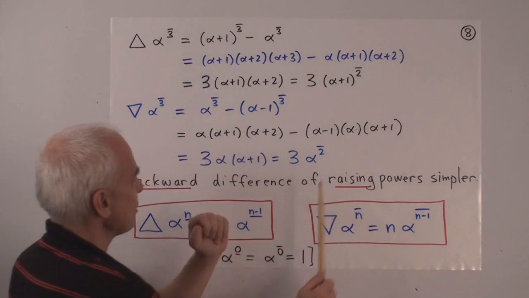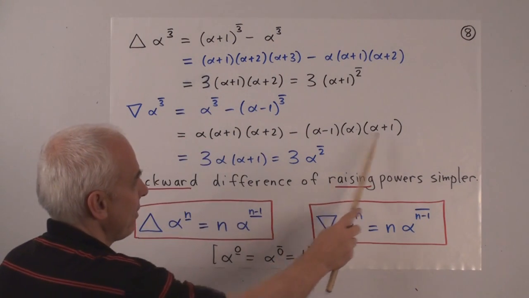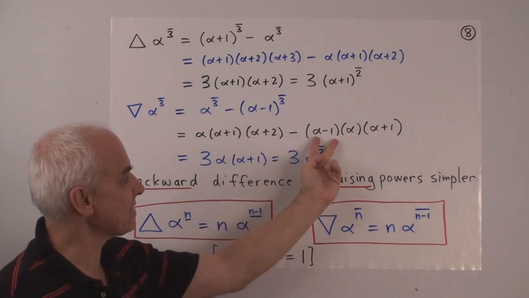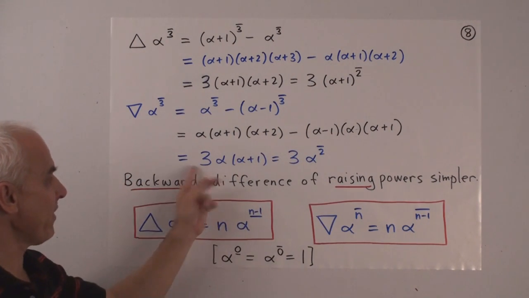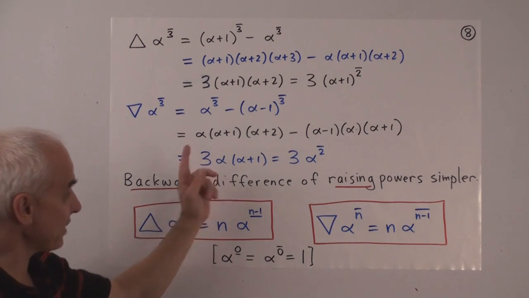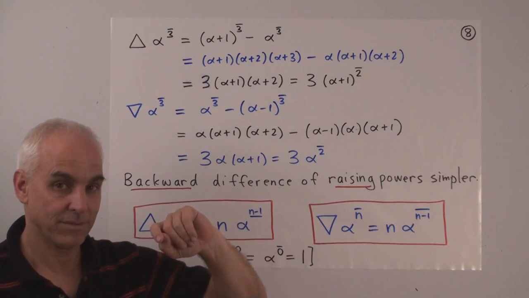These simplify because there's a common factor of alpha times alpha plus 1. The other terms are alpha plus 2 minus alpha minus 1, which simplify again to 3. And alpha times alpha plus 1 is just alpha to the 2 raising.